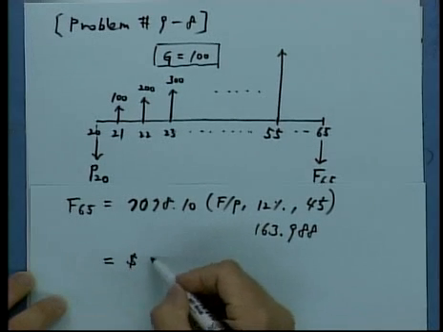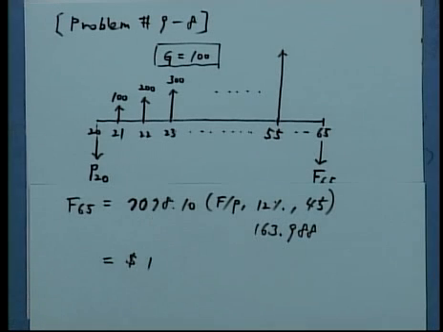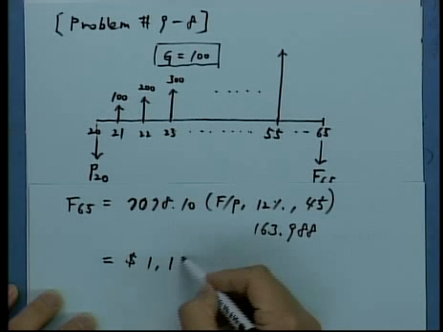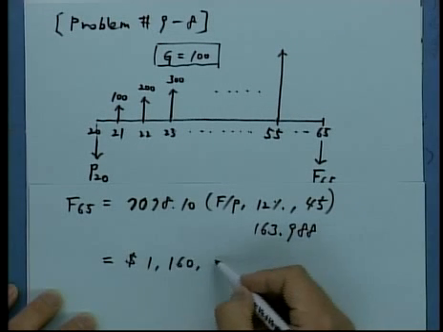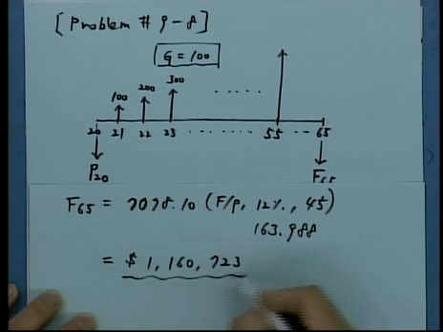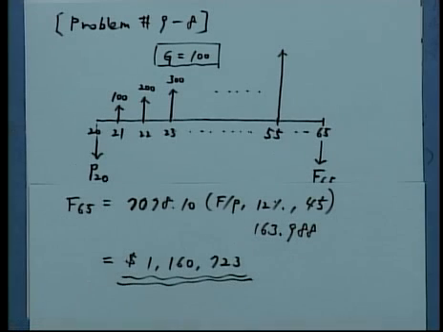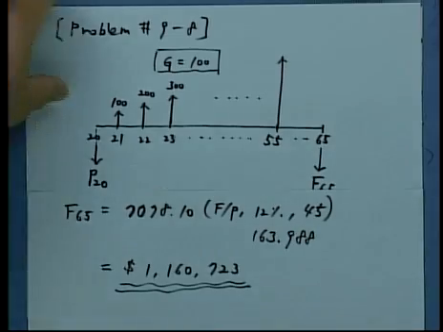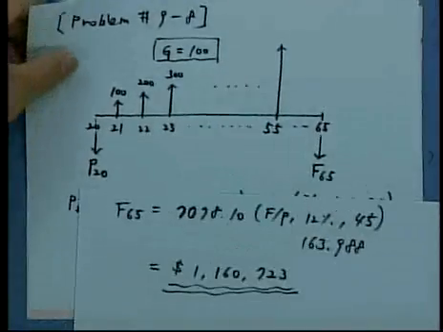It's going to be $1,160,723. Okay? So this is the future worth of the investment on his 65th birthday. So this is problem number 9-8.